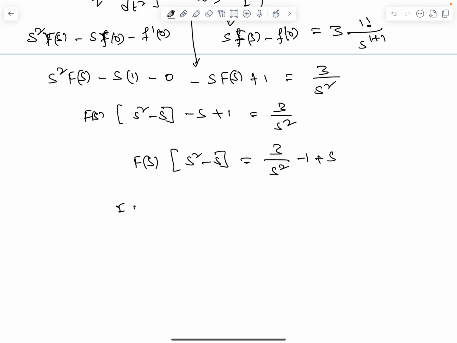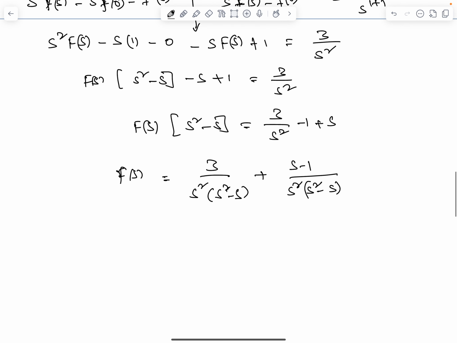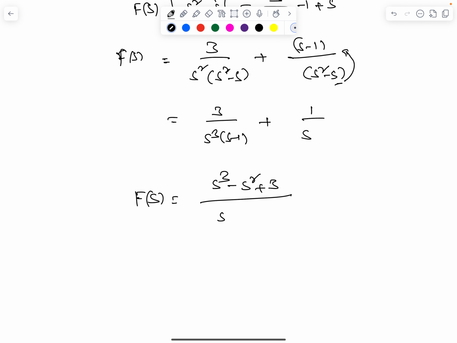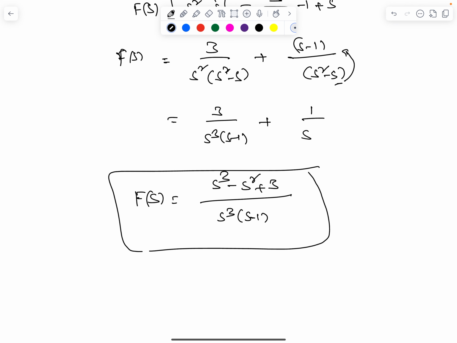And now F of s is equal to 3 by s square into s square minus s, plus s minus 1 by s square into s square minus s. Further, if you want to simplify, you can write it as s cube into s minus 1 plus 1 divided by s cube into s minus 1. So, this is the required form of F of s.